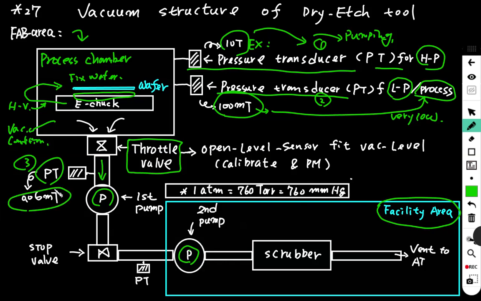Usually, before the process, the pressure can be pumped to 0.06 millitorr, for example, below 0.1 millitorr before process.